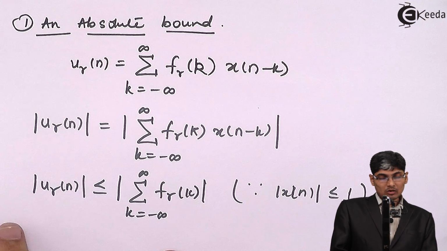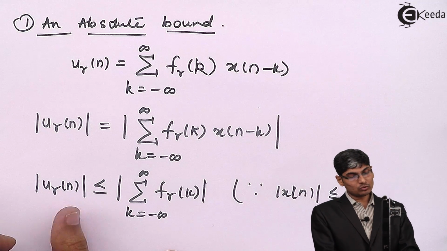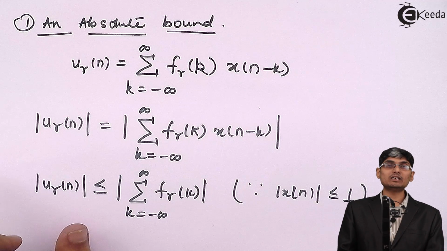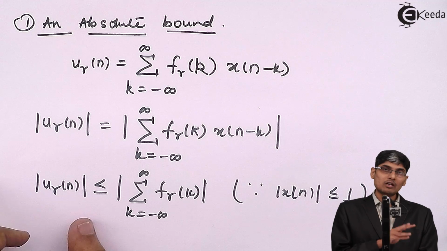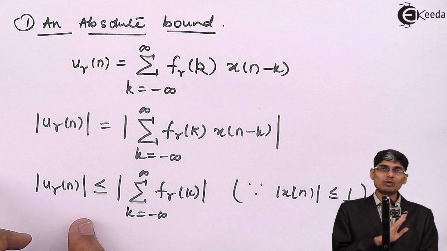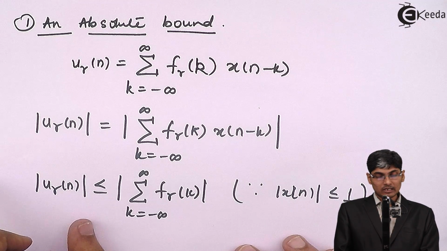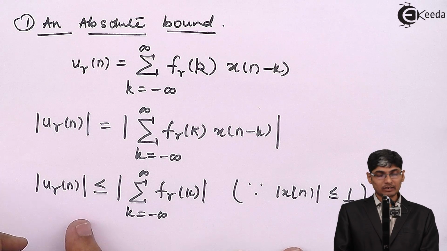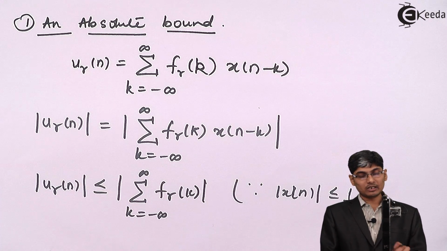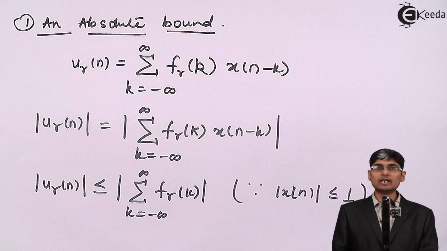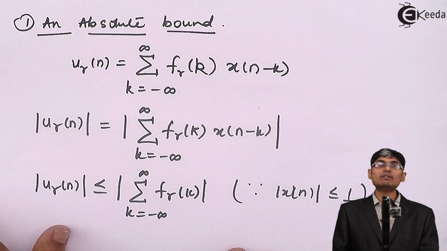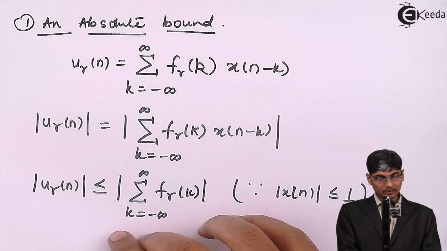Now, when will u_r[n] be less than or equal to 1? That is what I have to find. That can only happen if this sum is less than or equal to 1. Then I can ensure that u_r[n] will be less than or equal to 1.